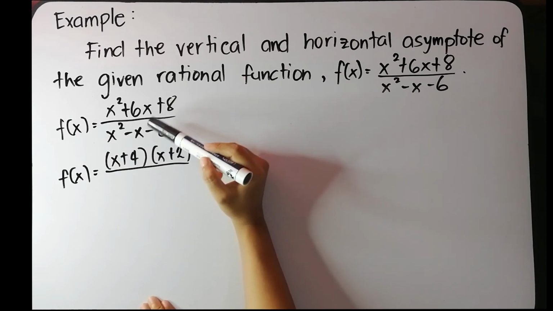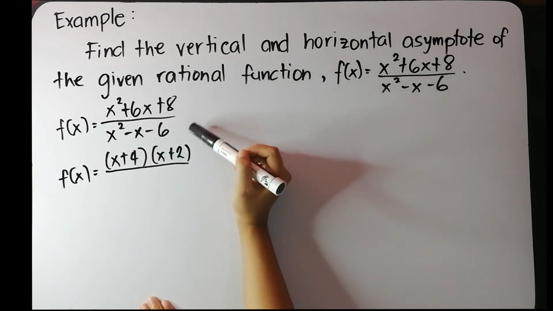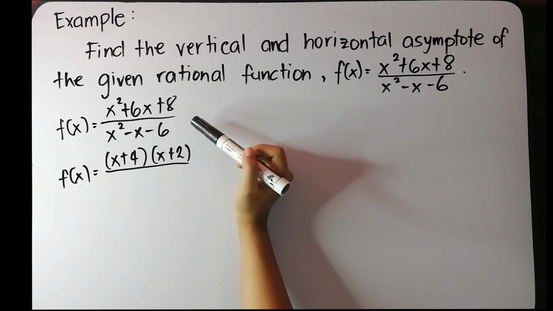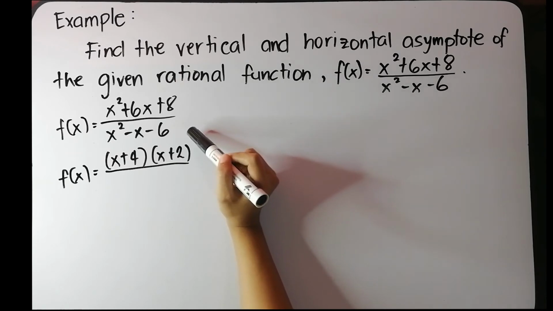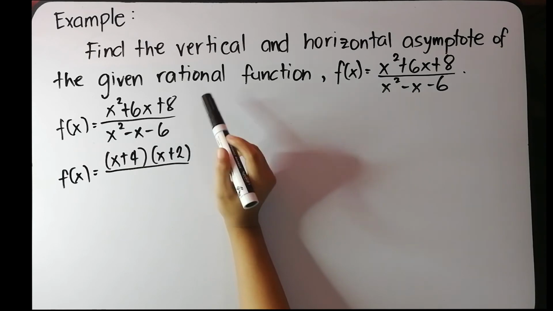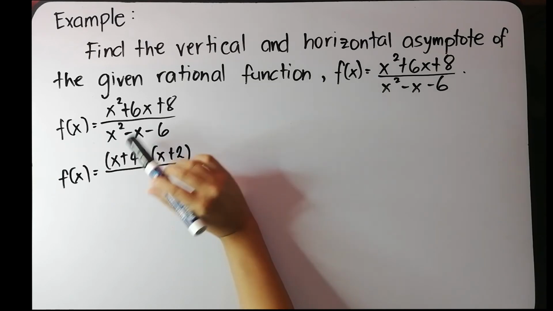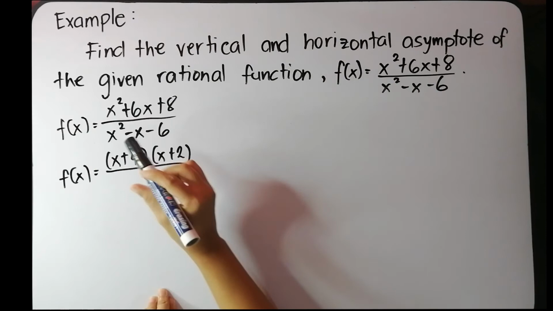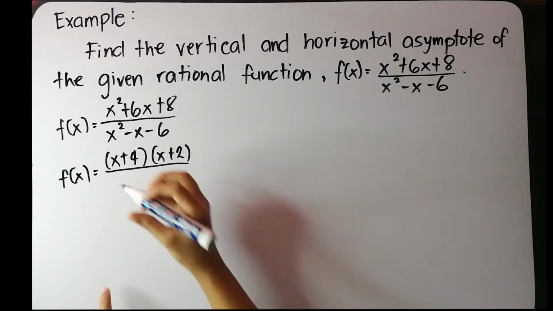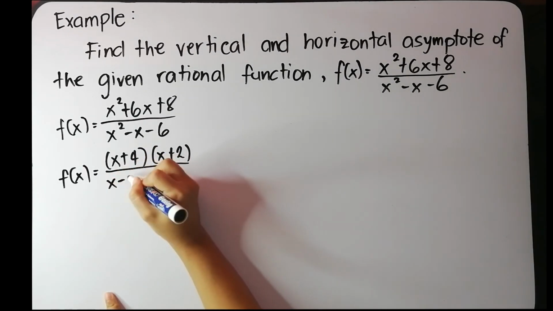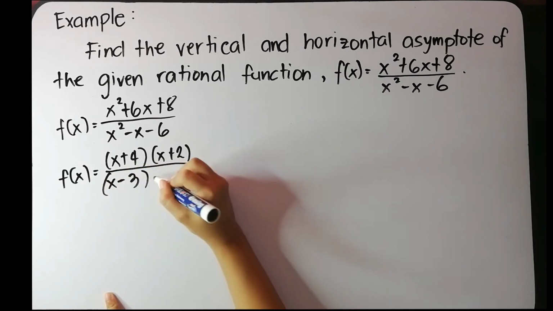For negative 6, we have negative 3 and positive 2. Negative 3 times positive 2 is negative 6, and negative 3 plus 2 is negative 1, which is the coefficient in your second term. So we have x minus 3 and then x plus 2.